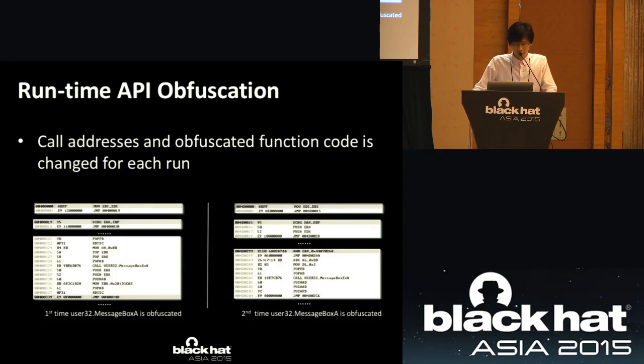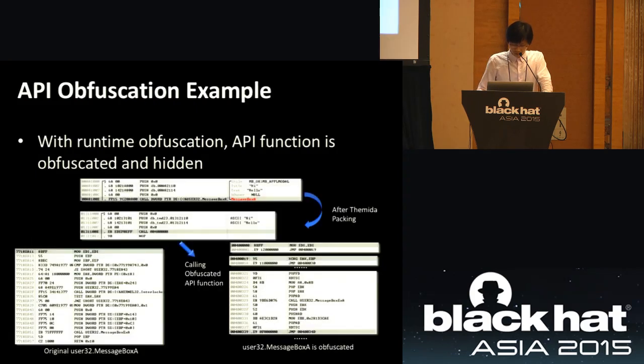And when we run it a second time, it changes shape because Themida embeds some runtime obfuscator in the executable file. Furthermore, it is harder to analyze a Themida-packed executable because the call instruction is changed and the call target address is changing.